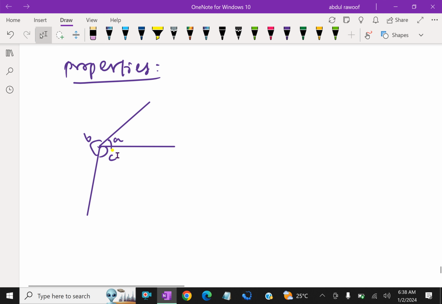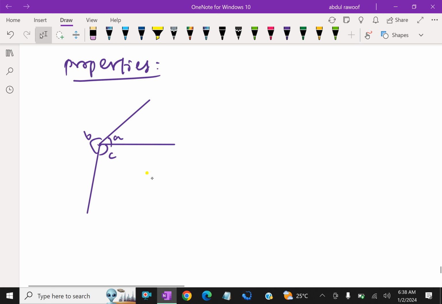Angles at a point surrounding this point sum to 360 degrees. Here, angle A plus angle B plus angle C is 360 degrees.